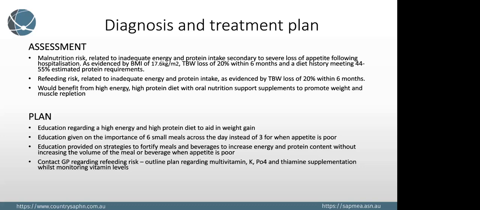We would provide education on strategies to fortify meals and beverages to increase energy and protein content without increasing the volume of the meal when her appetite's poor. I will show you some practical examples with that. And then again, contacting the GP about the refeeding risk, so we can do a bit of a plan to make sure that risk is reduced.